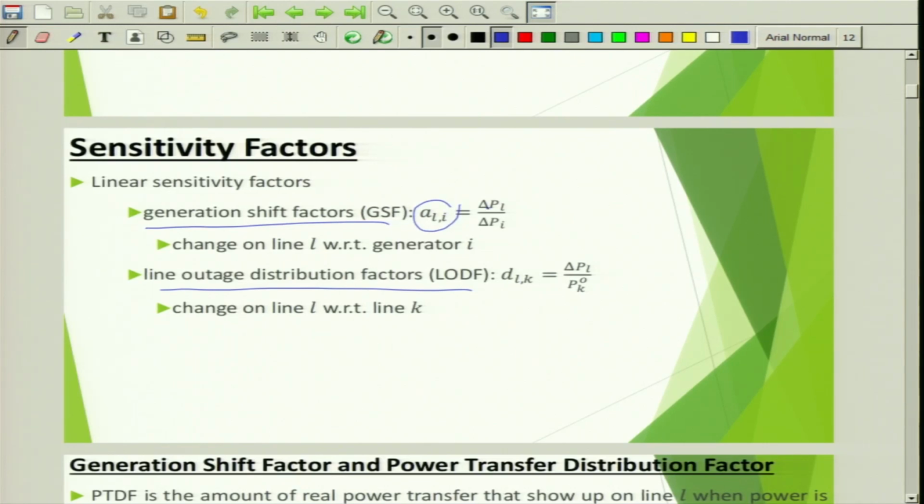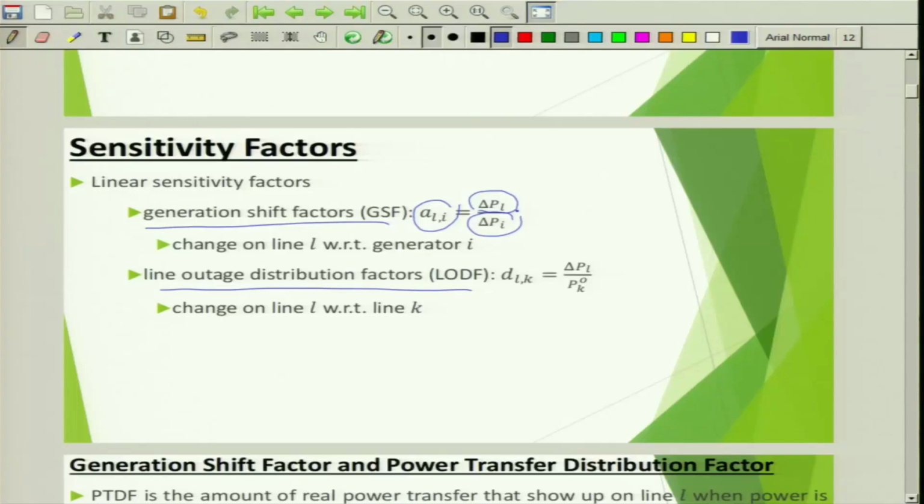What it is saying is the change in power in line L seen due to the change in power injection at bus number I. That means at some specific bus in the network you are doing some perturbation, either increasing the generation by increasing the steam output or decreasing the generation by decreasing the steam output. Now what impact it creates in a specific line, you have to study for all the lines, that is what we say all cases, understand? So this is the change on a line with respect to change in generator I.